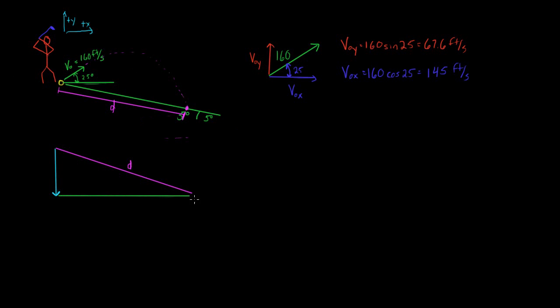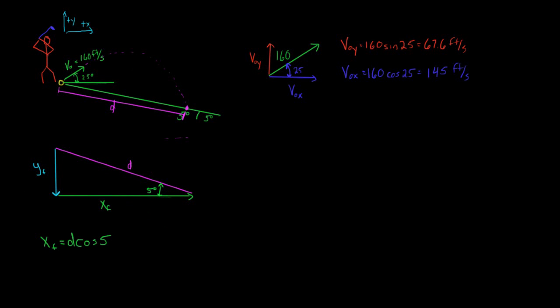So if we call this our y final, and this our x final, we want to come up with an expression for both of these. We know that this angle is 5 degrees, so our x final is equal to d times the cosine of 5.